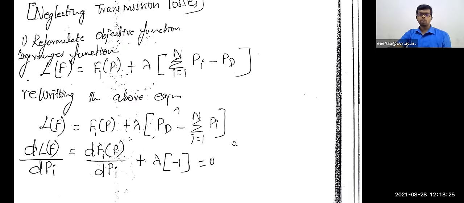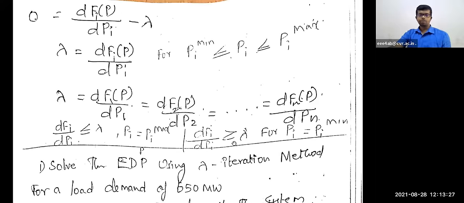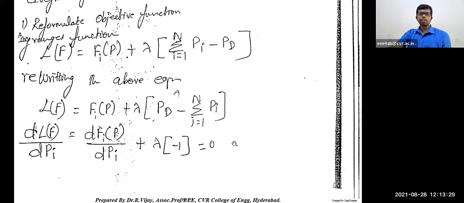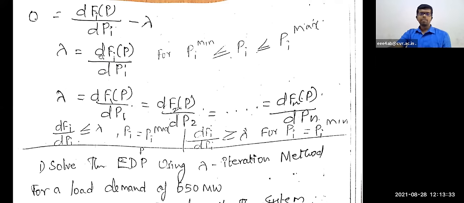After equating it to 0 and rewriting, we get dFi divided by dPi is equal to lambda. For what limits?